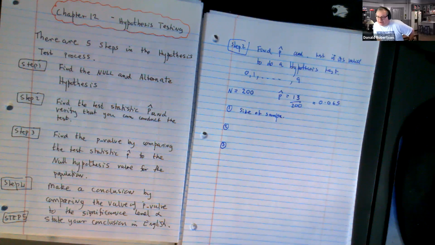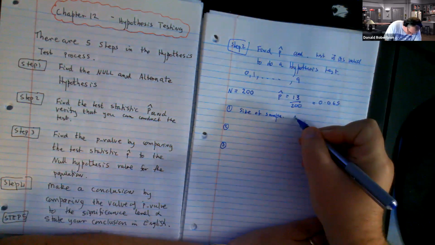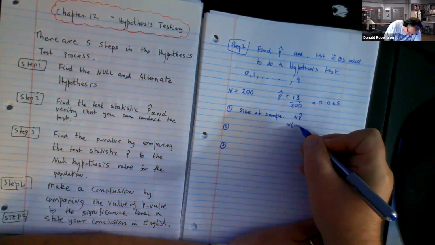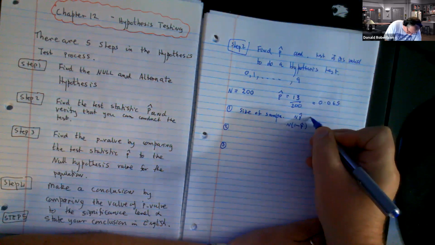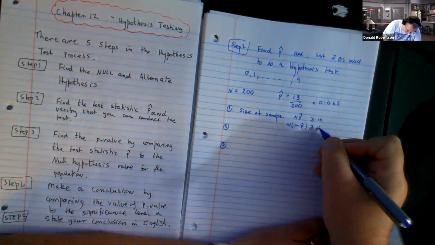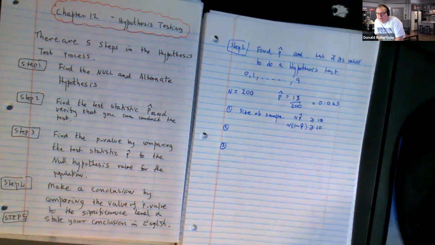There's a rule called the 10 rule. Can you remember it? Your sample has to have this property. np and n(1 minus p) both have to be greater than or equal to 10. Can you remember that a way back in the day? That's the test.